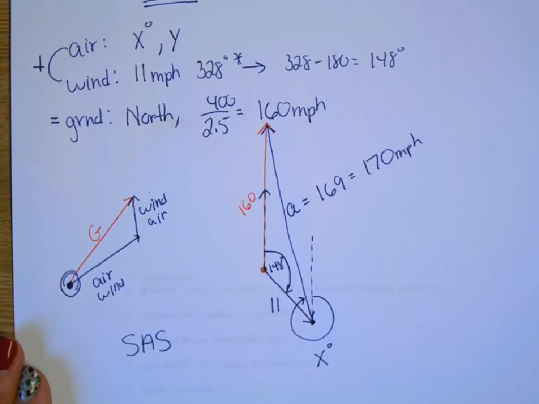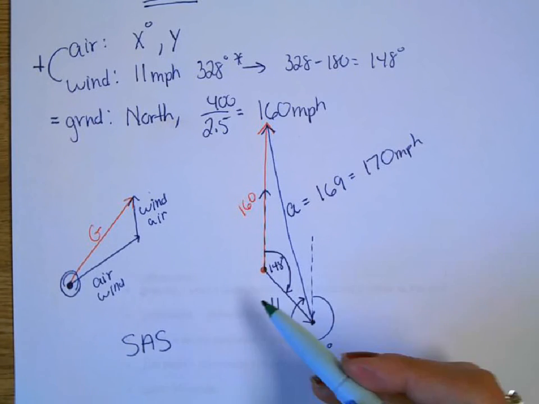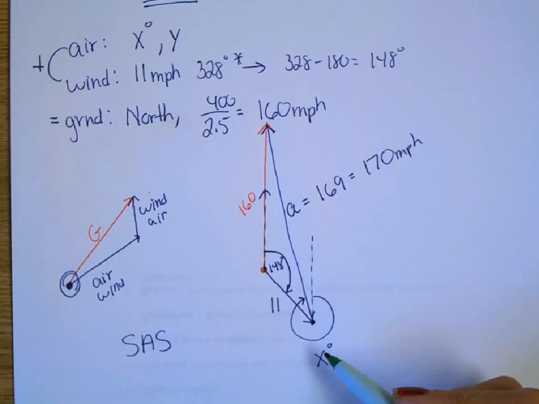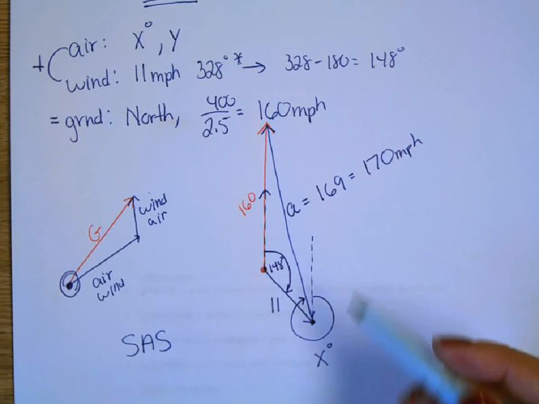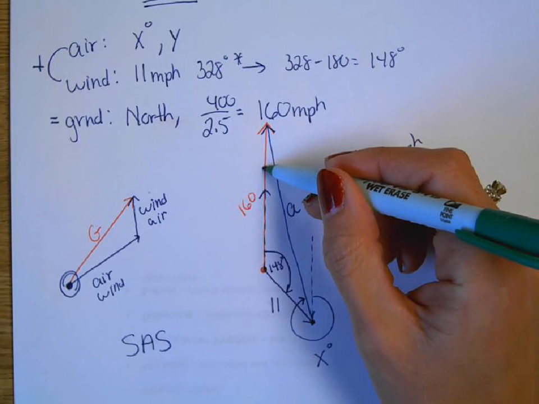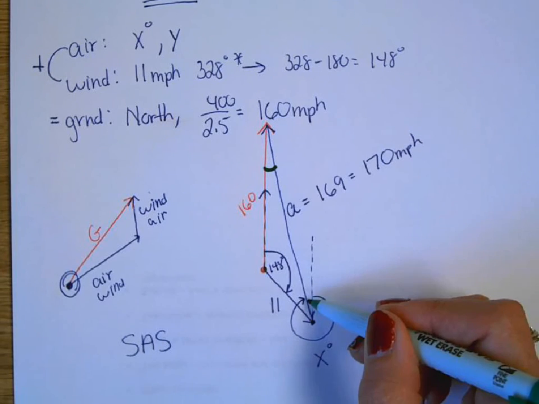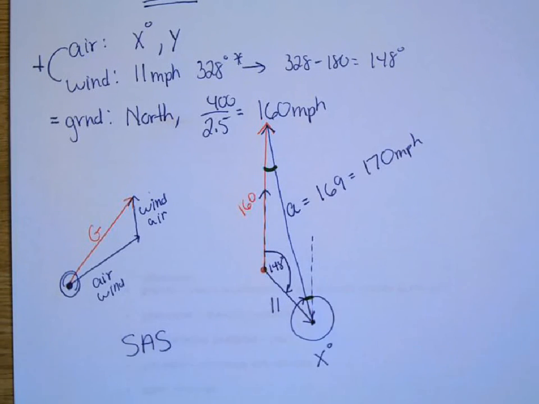Not quite. Do alternate interior. How's alternate interior going to help me? You can subtract the 148 from 180. Oh, that would work. But there's an easier alternate interior in this picture. This angle at the top is alternate interior with this piece here.